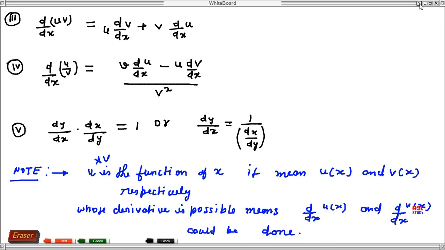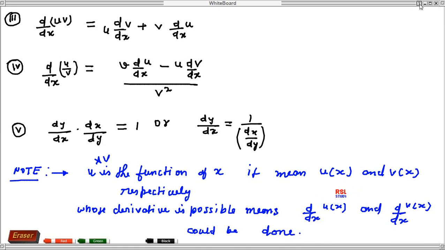It means u(x) and v(x) are not constant terms, these are variable terms in x. Suppose u(x) is x square, and you put it here, so d/dx of x square is possible. That will be 2x.